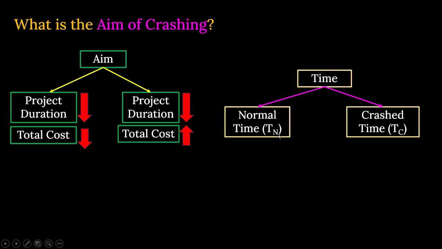So instead of 11 days, it became 10 days. So earlier it was 11 days, now the crash time is 10 days. So which one is greater? Normal time will always be greater than the crash time, because crash time is always reduced. You got my point? That is the relationship. Fine.